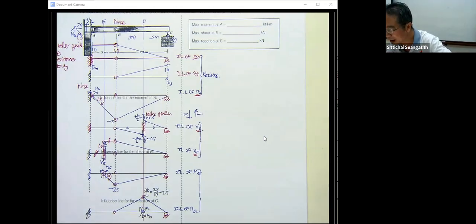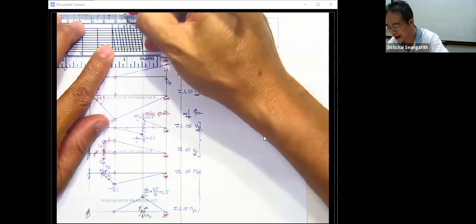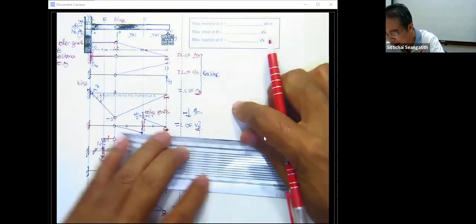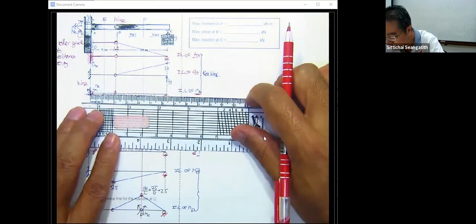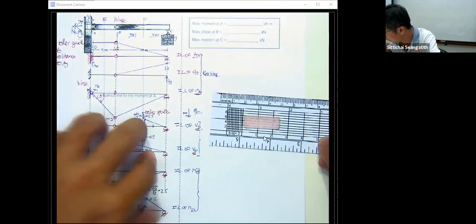And then they ask us to determine the maximum moment at A. Okay, which one? This one. Moment at A. We have this one for 2 and 6.5.